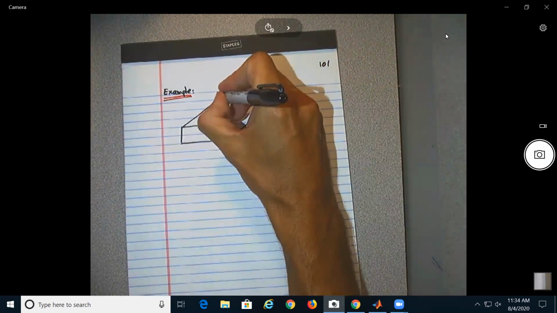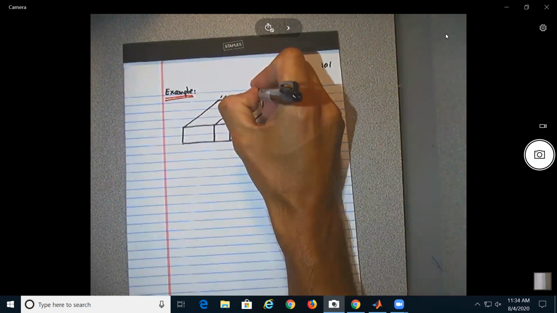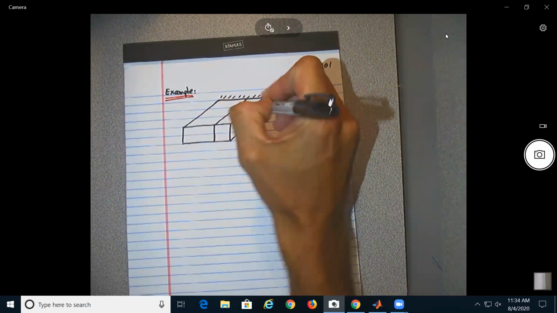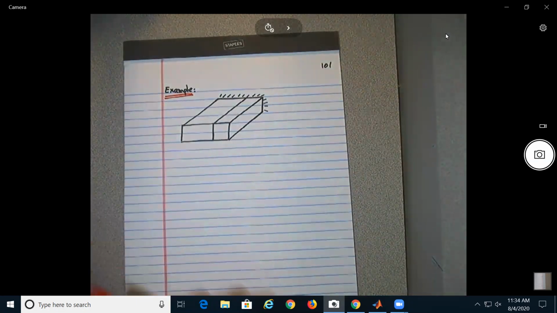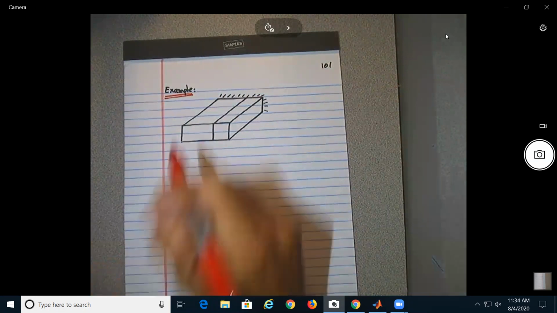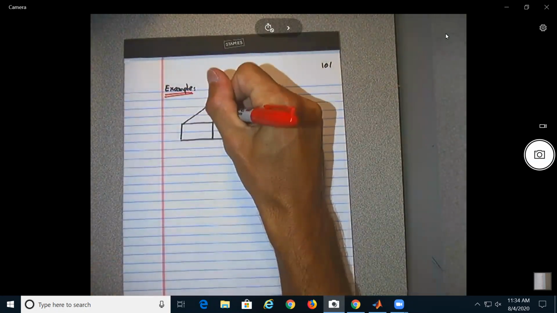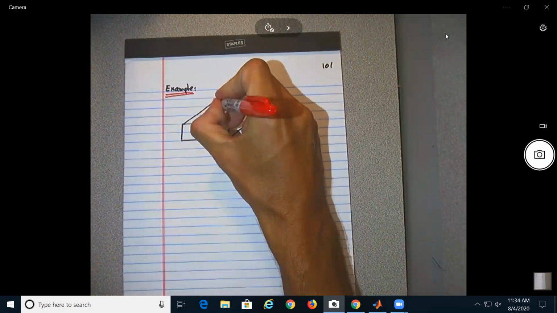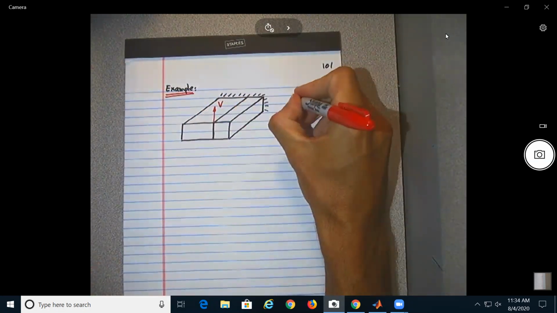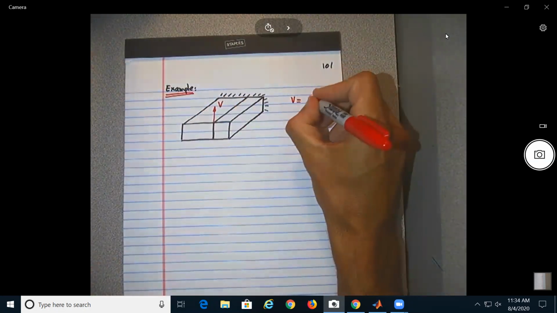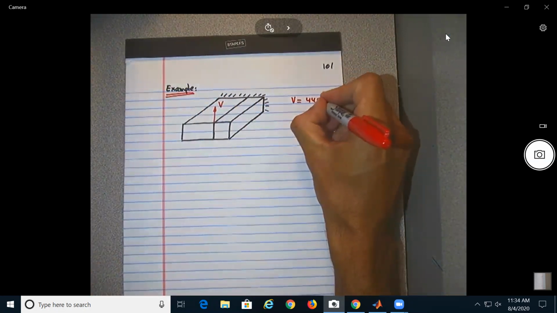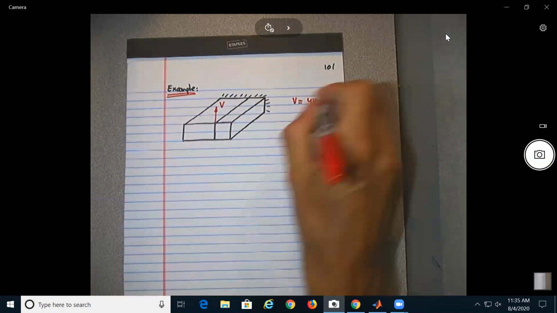All right, so we know it's clamped over here. I personally consider the force to be applied here because it's a member. So let's call this one V, and we know that V is equal to 44,500 newtons.